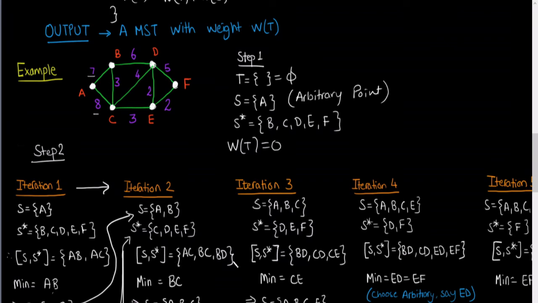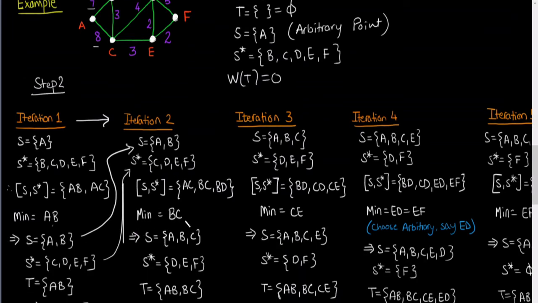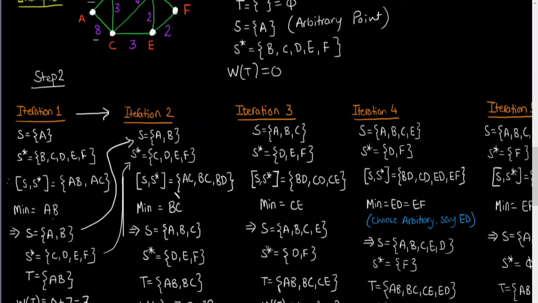And we see from this set, the edge with minimum weight is BC, which has a weight of 3. So we find minimum as BC, then we append our point C to our set S and find S star as V minus S, append our edge BC to our set T, that is our edge set, and update our weight to 7 plus 3 equals 10.